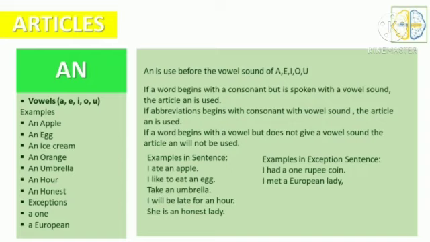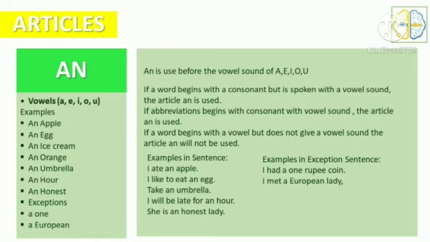So let's move to our next article, article an. Article an is used before a vowel sound: A, E, I, O, U. Like article a is used before a consonant sound, it's the same thing, article an is used before the sound of a vowel. And which alphabets are the vowels?